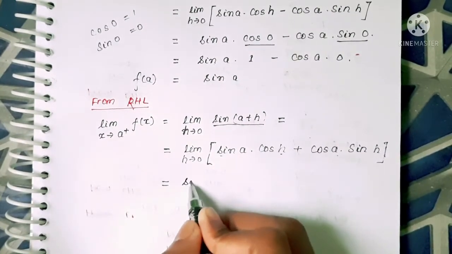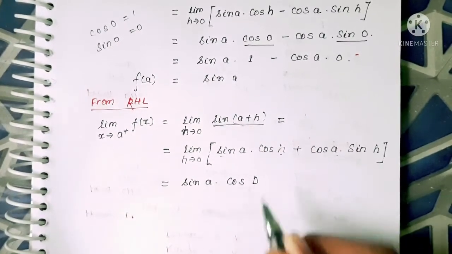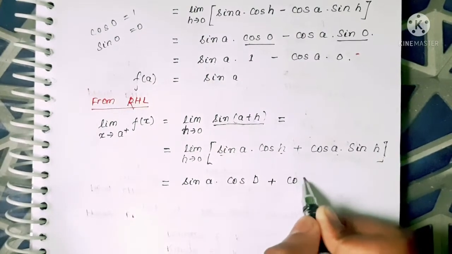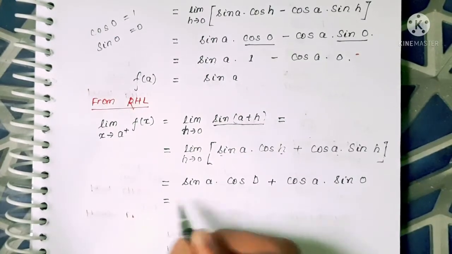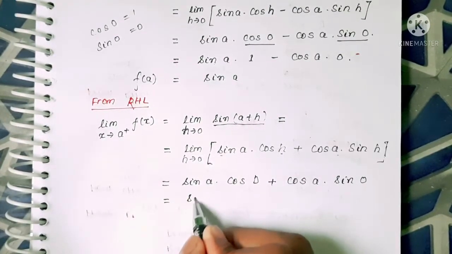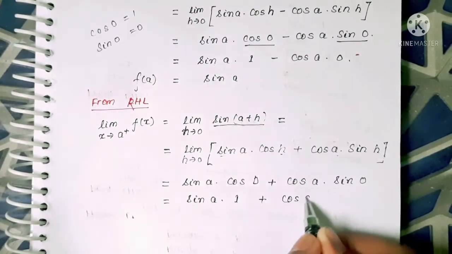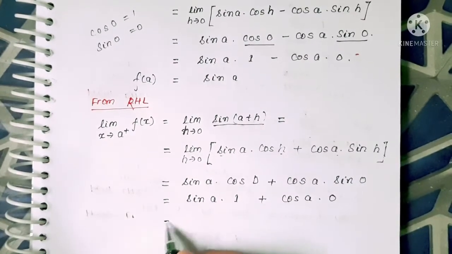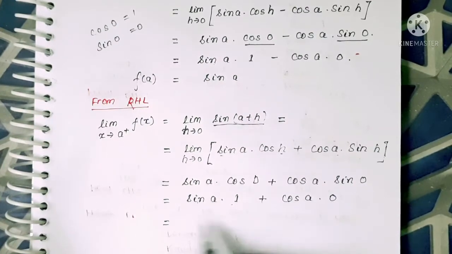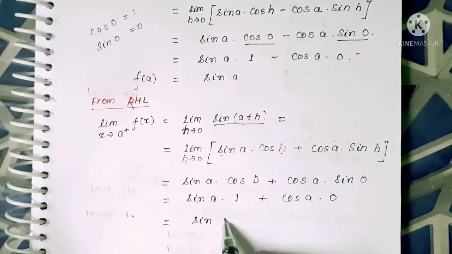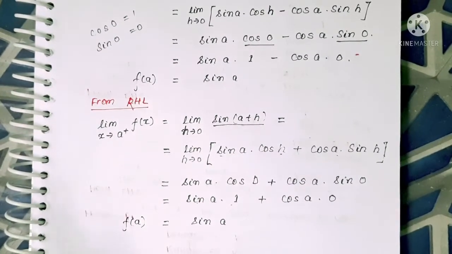So our answer will become sin a into cos 0 plus cos a into sin 0, and we know the value of cos 0 is equal to 1. So here sin a into 1 plus cos a into 0. Again sin a into 1 is sin a, and cos a into 0 is 0. So again it is sin a.